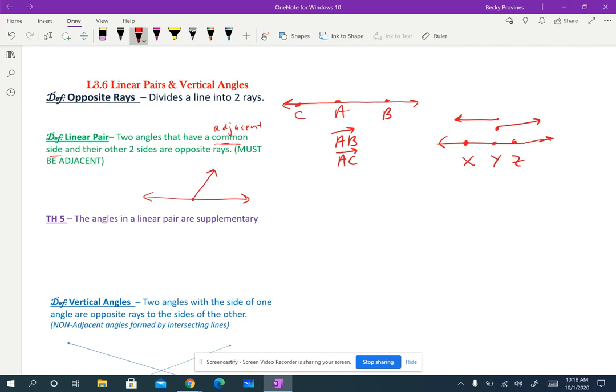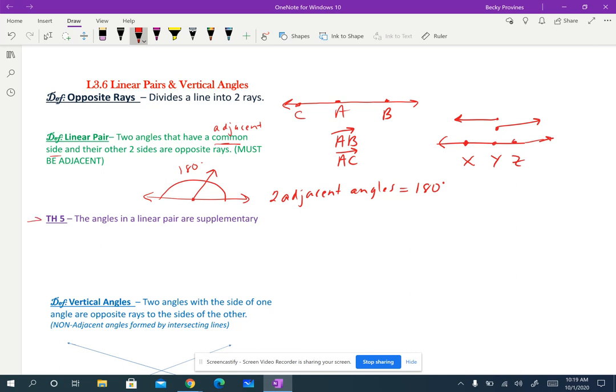And they share a vertex, and together this equals 180 degrees. So my personal definition is two adjacent angles that equal 180 degrees. Now, this is different from being supplementary because supplementary angles could be adjacent or non-adjacent.